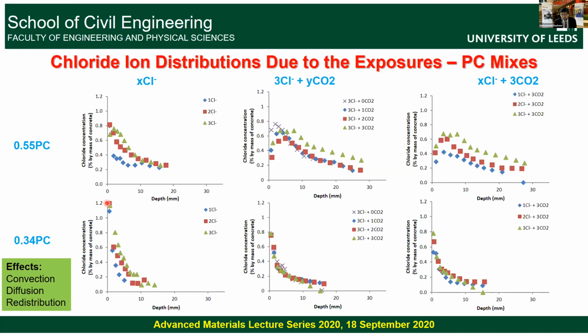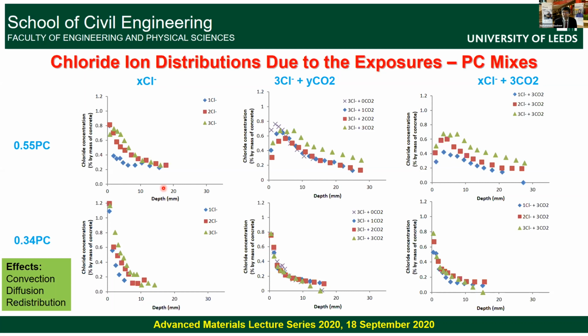The surface chloride is very high compared to this one. So the model predicted using very high surface chloride is going to give a totally different service life for this concrete compared to that concrete. So what I'm saying is simple application of predictive models should not be used for estimating our service life.